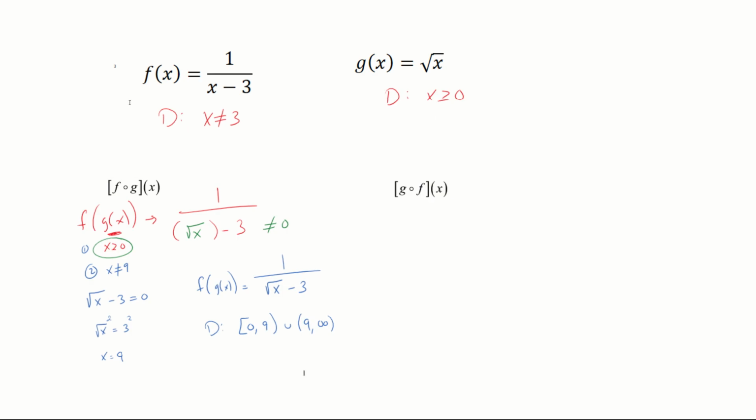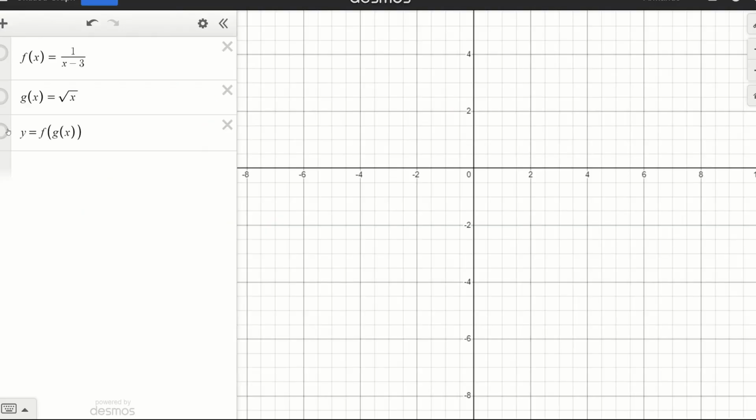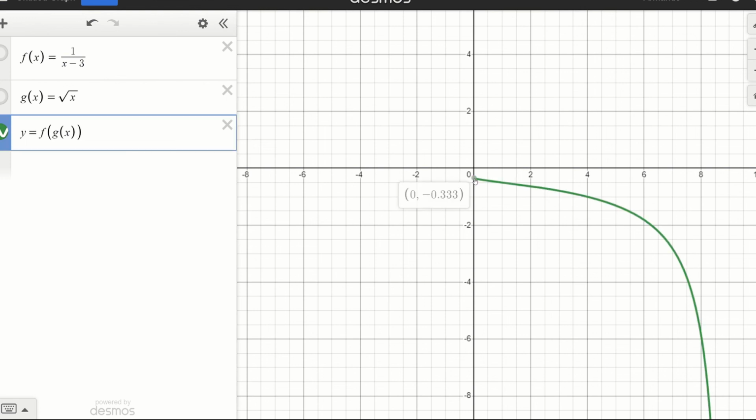We said my composite function has a new restriction of 0 included all the way to infinity, but we can't be 9, right? If we graph our composite function, we start at 0, and it is defined, because we have a point 0, comma, negative 0.33, which is negative 1/3. If you plug in 0, that's exactly what we get.